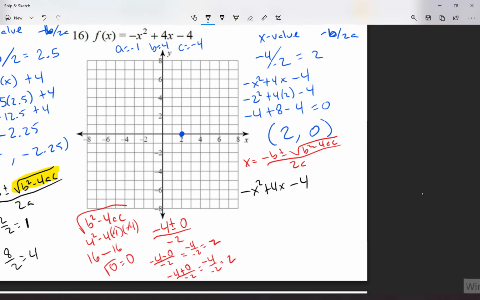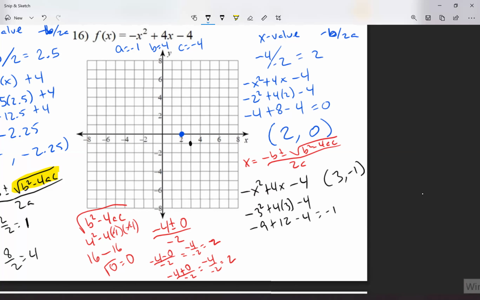So what if I pick a number close to 2? I'm going to pick 3. Okay, so I'm going to go negative 3 squared plus 4 times 3 minus 4. So I have negative 9 plus 12 minus 4. That's negative 1, right? Okay, so the point 3, negative 1 is on my graph. I'm going to put it right here.